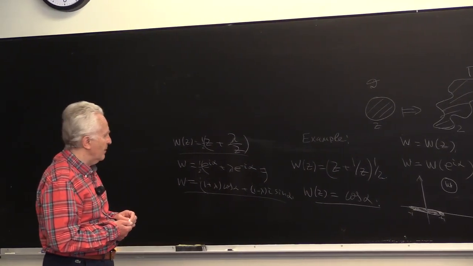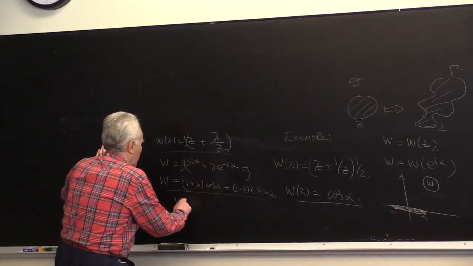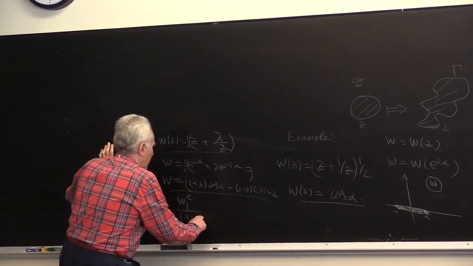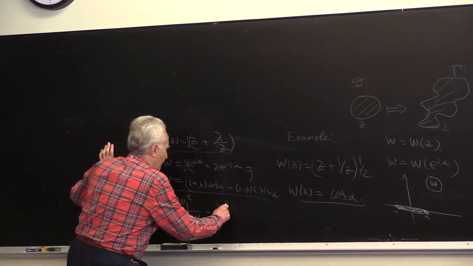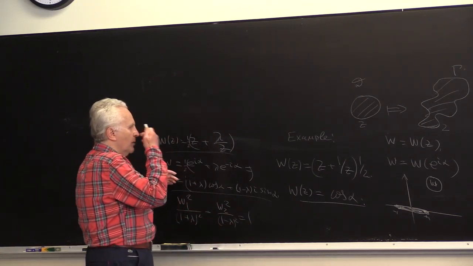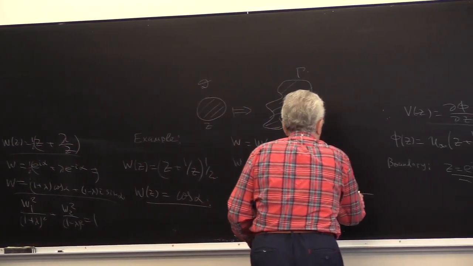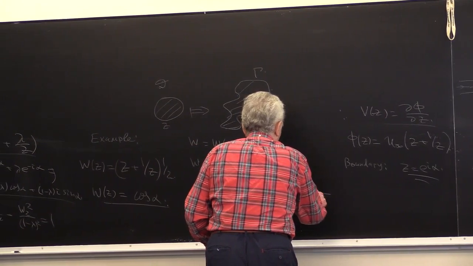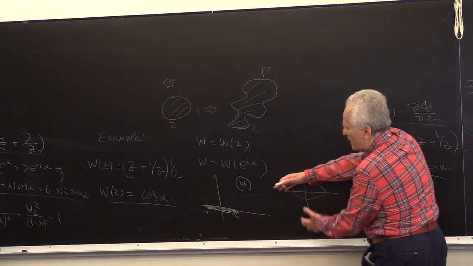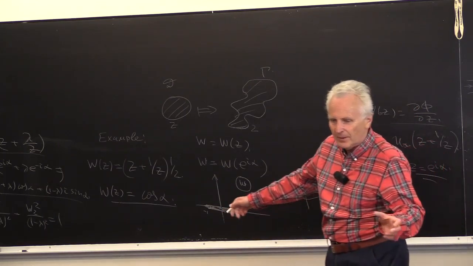Yes, it is an ellipse, because if you take the real part divided by 1 plus lambda, squared, plus the imaginary part, this is the equation for the ellipse. So we have this ellipse, and as lambda goes to 1, it actually shrinks to this line.